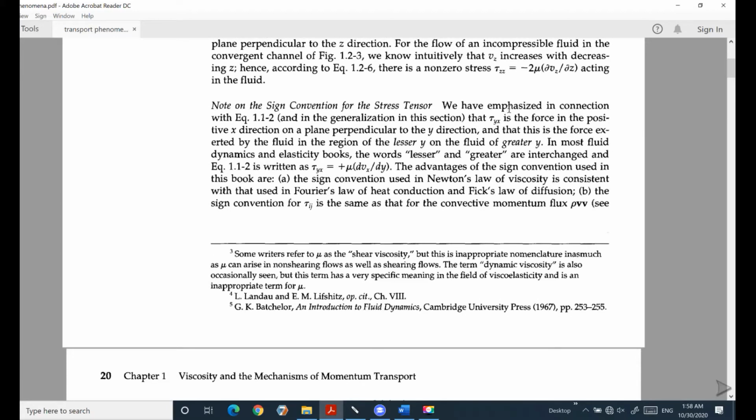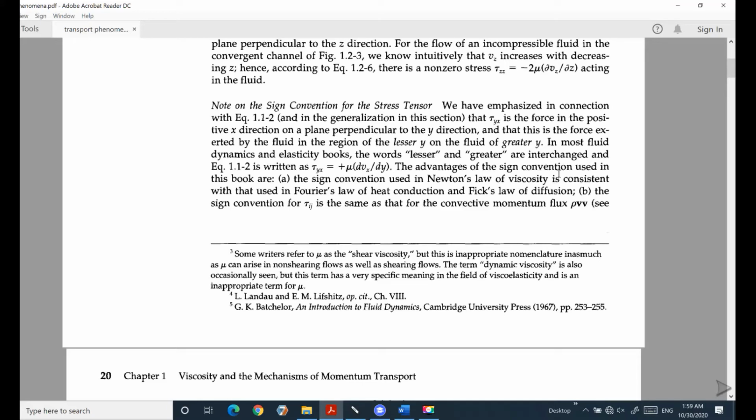Okay, so we emphasize in connection with the first equation, in the first part, that it is the force in the positive x direction on the plane perpendicular to the y direction. We defined this before, and that is the force exerted by the fluid in the region of the lesser y on the fluid of the greater y. In most fluid dynamics and elasticity books, the words lesser and greater are interchanged and it is written in this form.